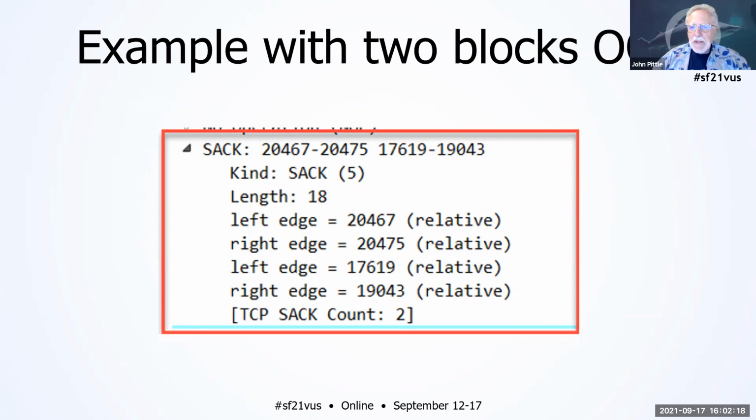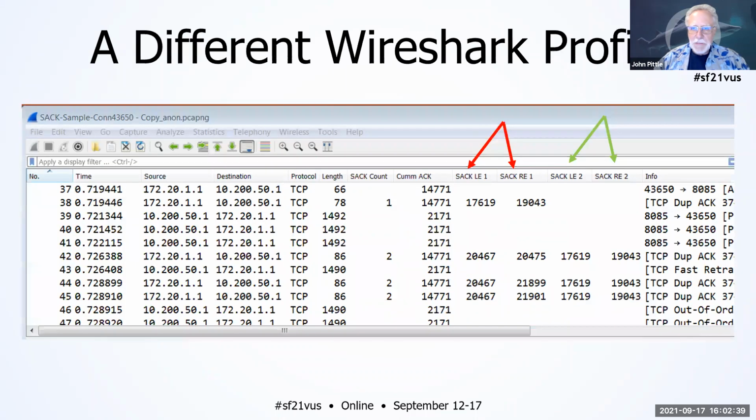Also notice that the higher number sequences are showing up, quote unquote, first. There's not necessarily a specific order to be maintained in how the receiver reports back to the sender. These can change, and you'll see an example of that in the upcoming example.